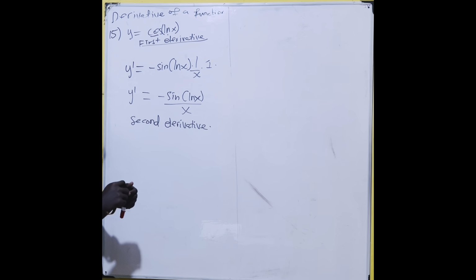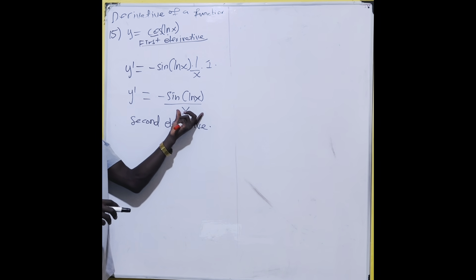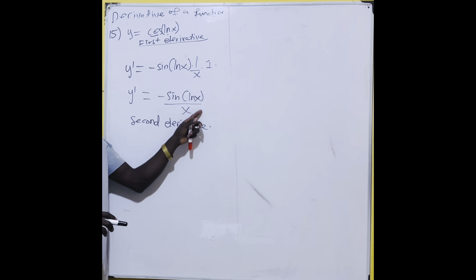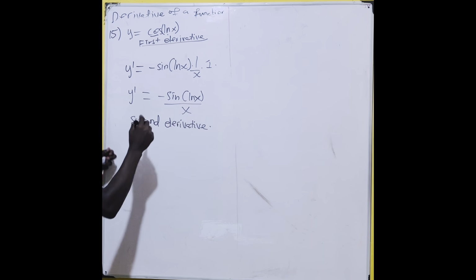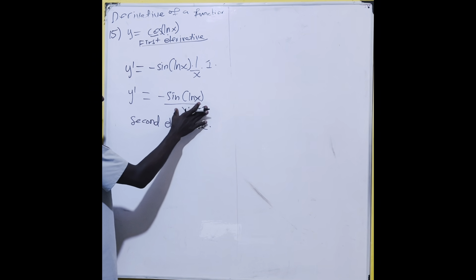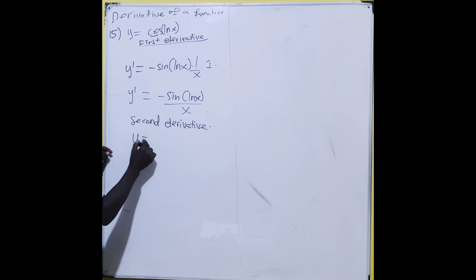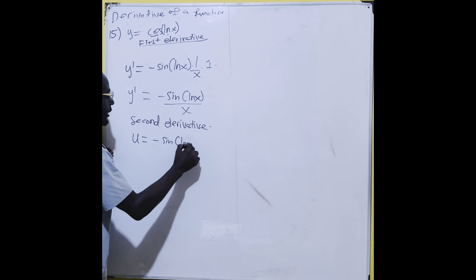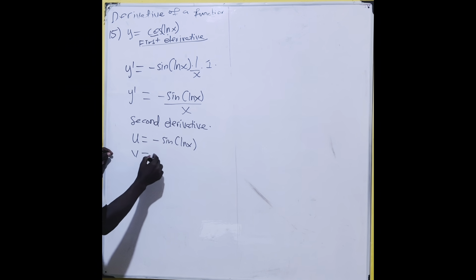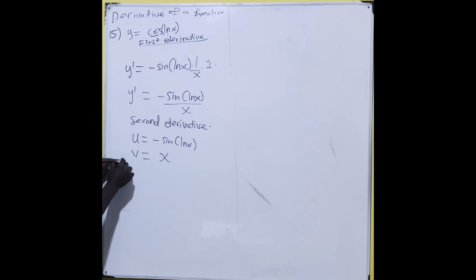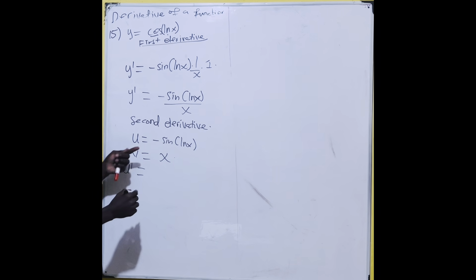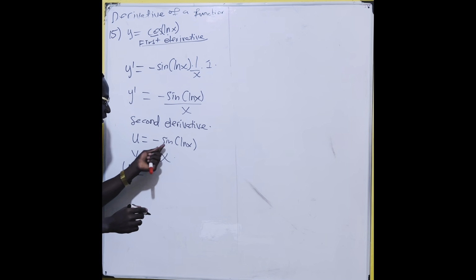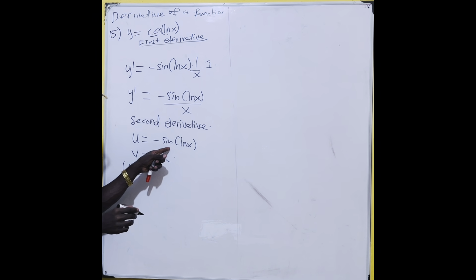With the second derivative, we are going to apply the quotient rule because we have two functions dividing each other. So we have to identify our u. Our u here will be negative sine of ln x, and our v will be x. So u prime will be equal to, we are going to apply the chain rule again. We differentiate sine, the derivative of sine is cos.